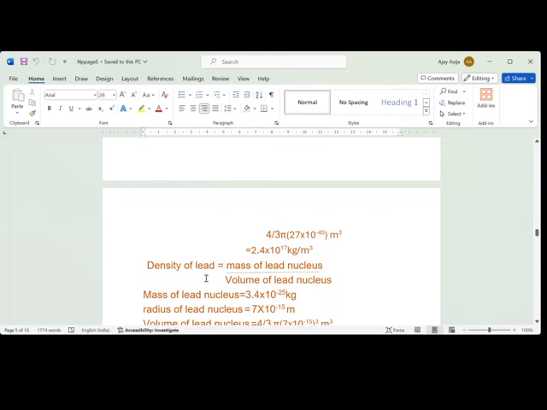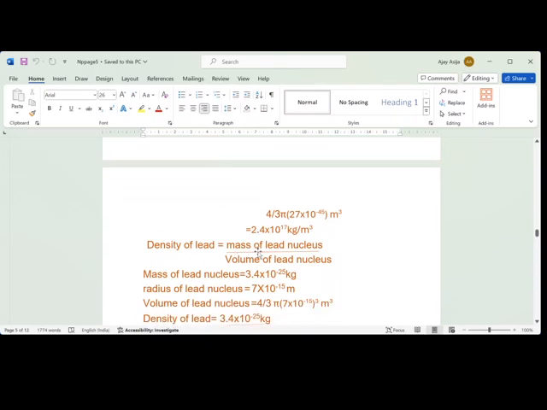Similarly, the density of lead can be found by putting the values of mass and volume of the lead nucleus in this formula. The mass of the lead nucleus is 3.4 × 10^-25 kilogram, and the radius of the lead nucleus is 7 × 10^-15 meter.